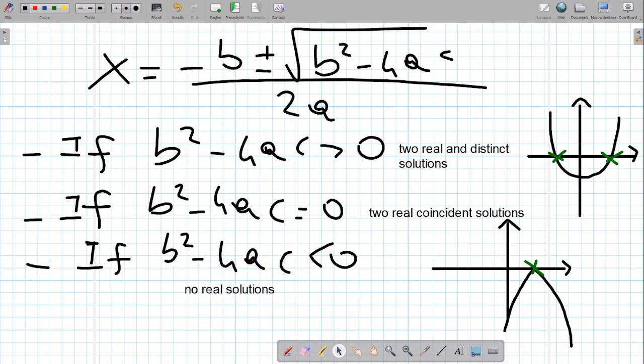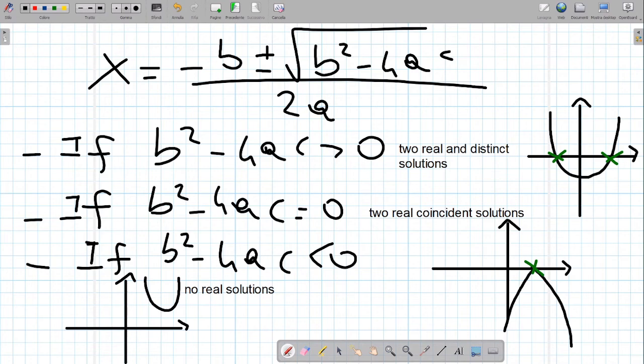I'm going to put a small sketch here. It means that there is no intersection with the x-axis.